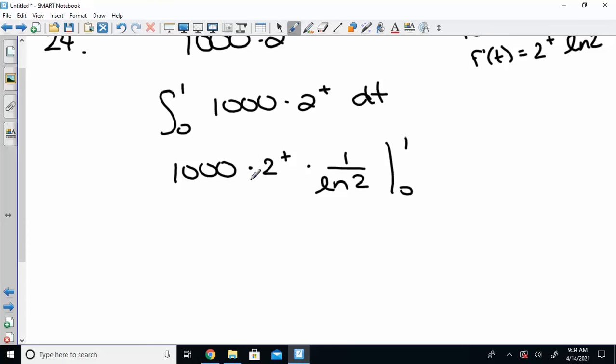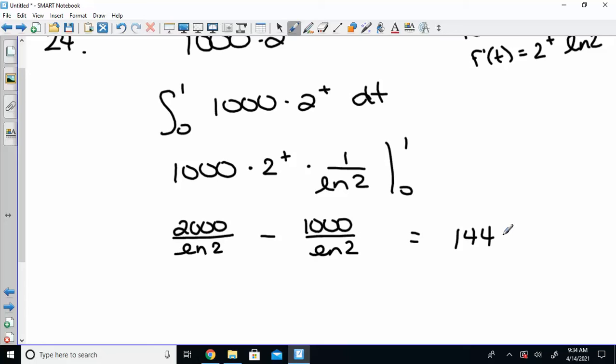Okay, so if we plug that in, 2 to the first is 2, so you get 2,000 divided by the natural log of 2, minus, if you plug in 0, 2 to the 0 is 1. So this tells you 1,443.